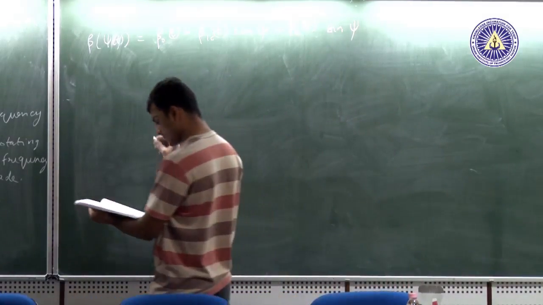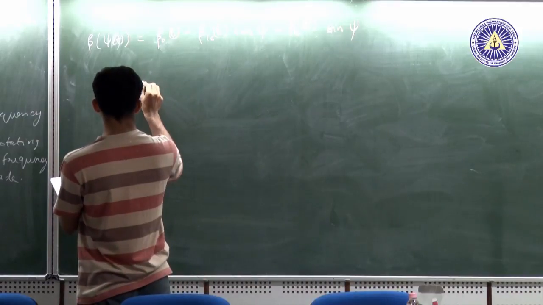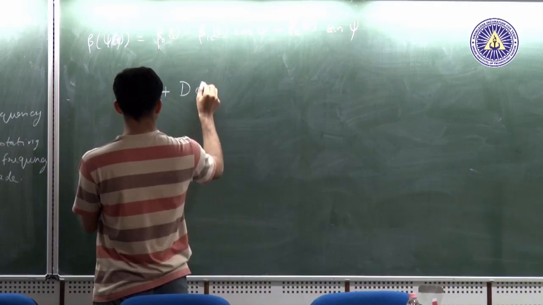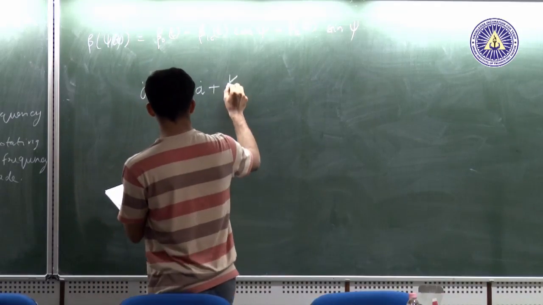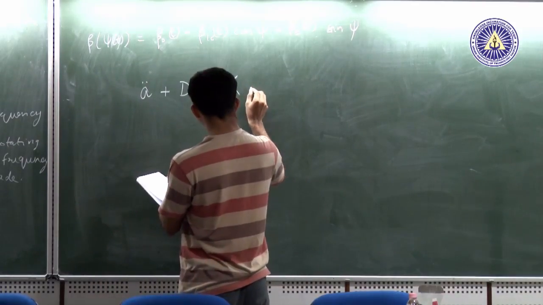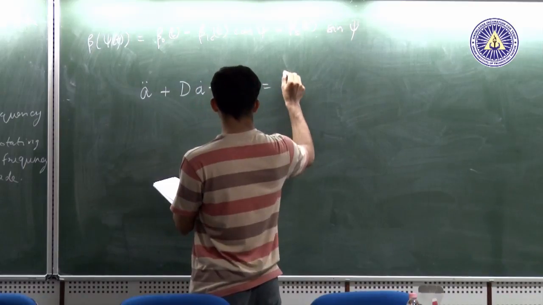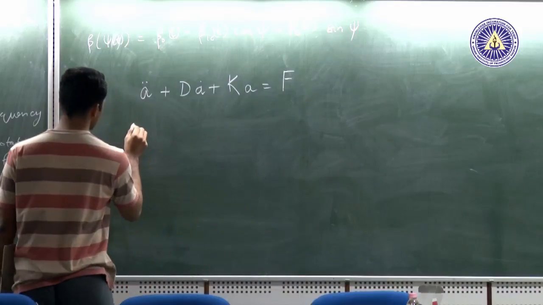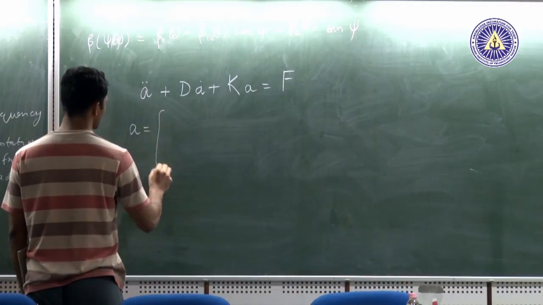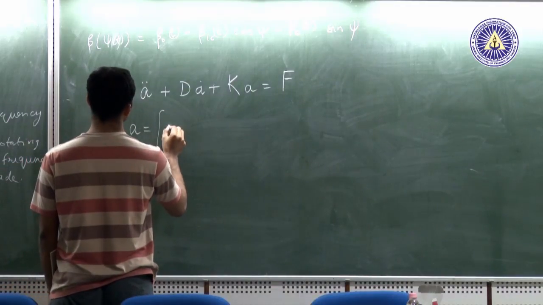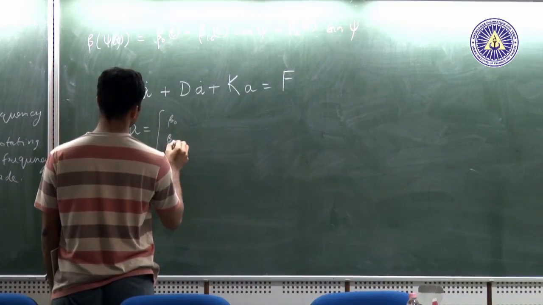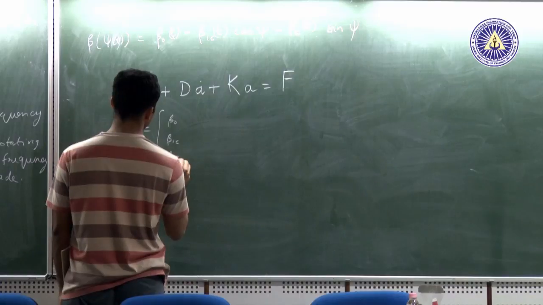Okay. So it comes out to be of this form: a double dot plus d a dot plus k a is your f. F is the forcing, and what is a? A is your beta naught, beta 1 c, beta 1 s.